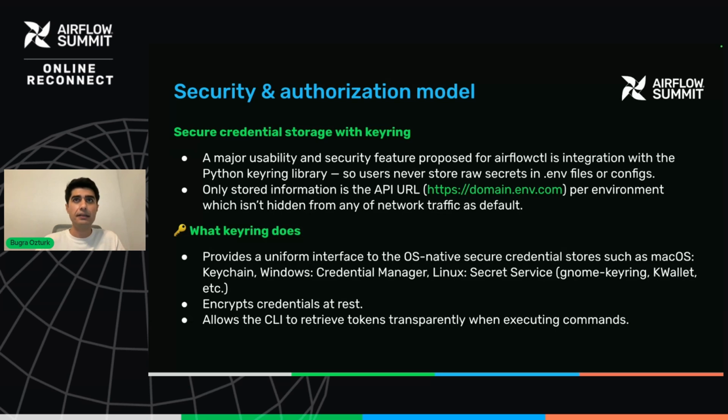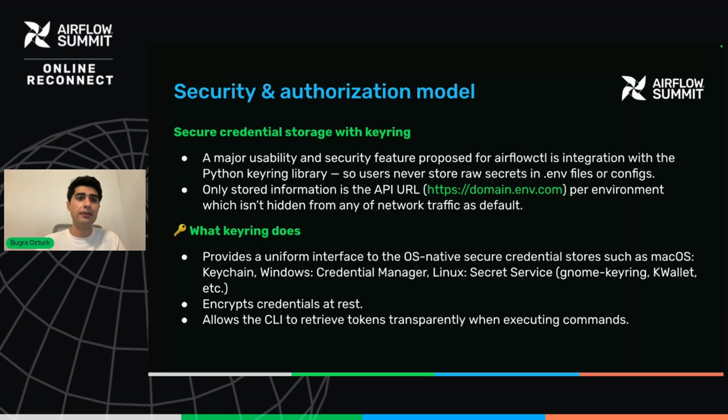We selected the keyring because it's operating system native, and it's secure enough to store our API tokens. One more thing to keep in mind is that we are persisting the URL in configuration files.